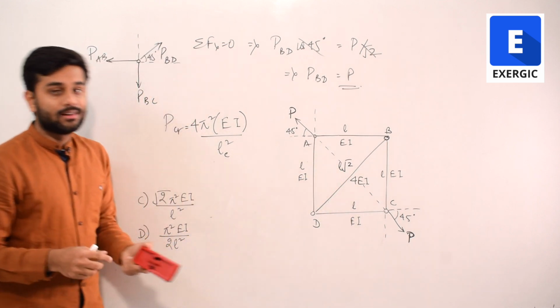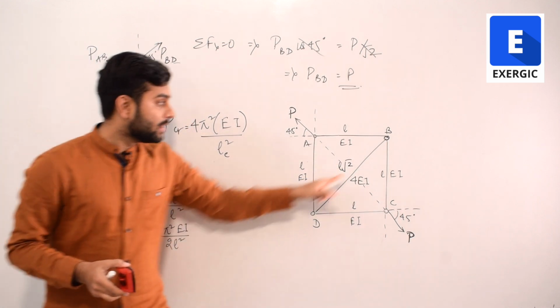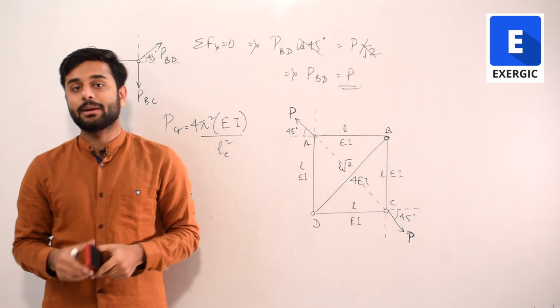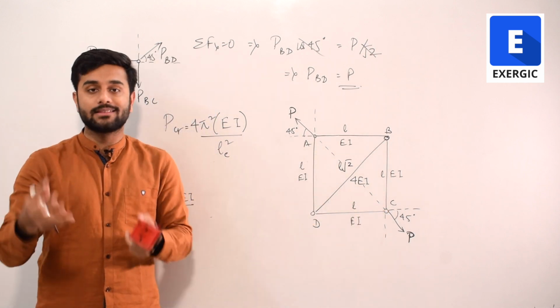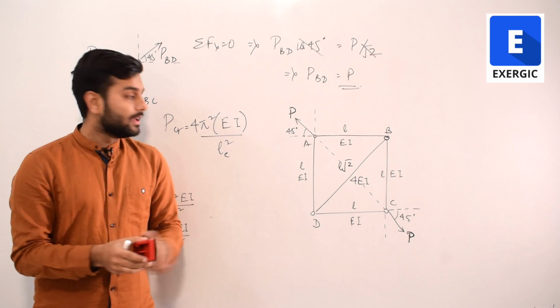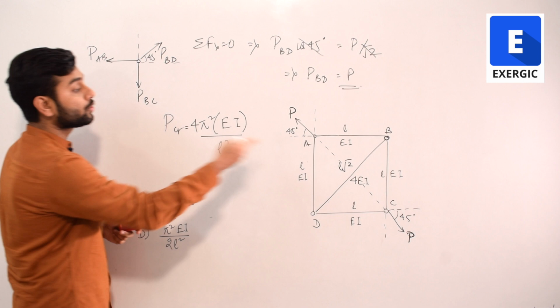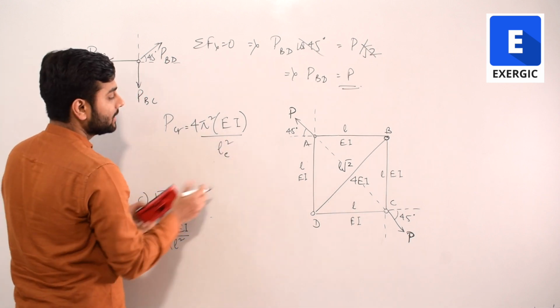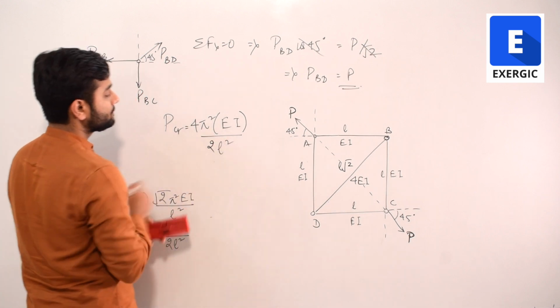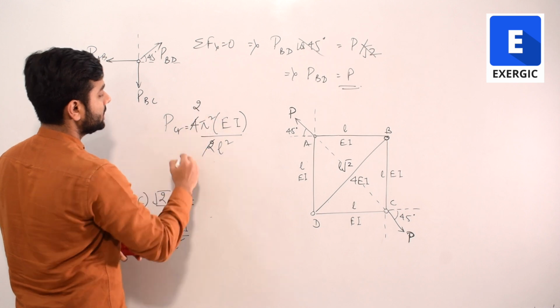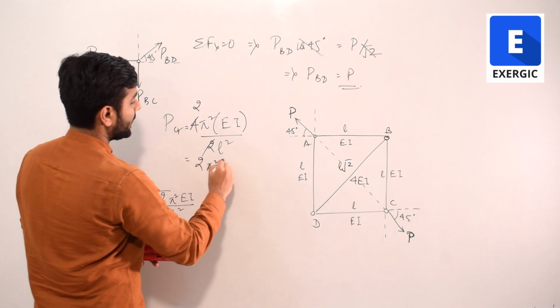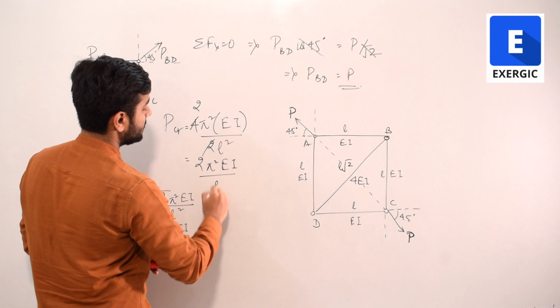And since, as I told you, all of them are hinged, the members of the truss at both ends are hinged. So for a hinged joint, the actual length is equal to the effective length. So effective length is L root 2 itself. If you square that, it will become 2L square. If you cancel it, 2 will be in the numerator: 2 pi square EI by L square.